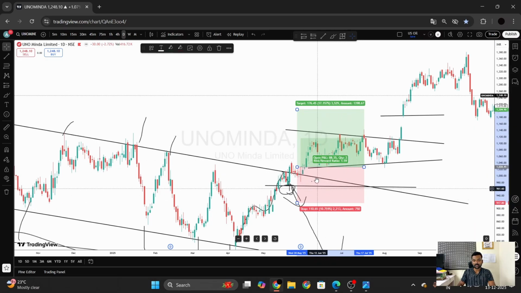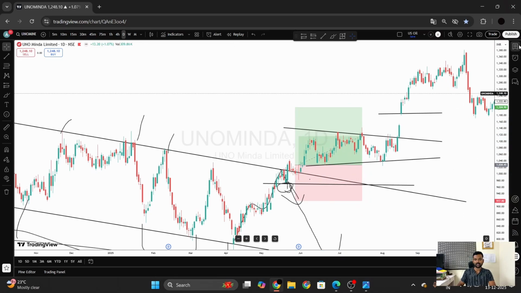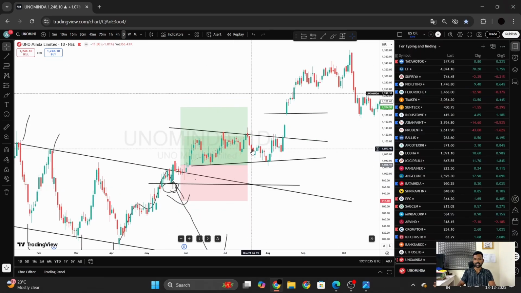So if my stop loss is very huge, I will reduce my total quantity. I will take just 20 shares, or just one lot or two lots, like that. So I am reducing the shares based upon the stop loss. If the stop loss is huge, your quantity should be less. So that is how you have to measure your stop loss, position sizing and risk reward ratio.